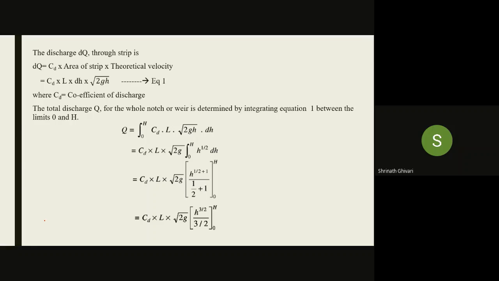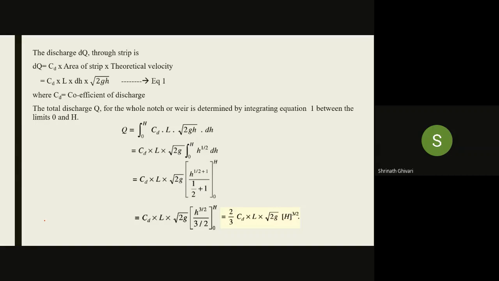Any one of you? Two by three into Cd into L root of 2g h raised to 3 by 2. Very good. So 2 by 3 Cd into L into square root of 2g h raised to 3 by 2. Fine. This is the answer.